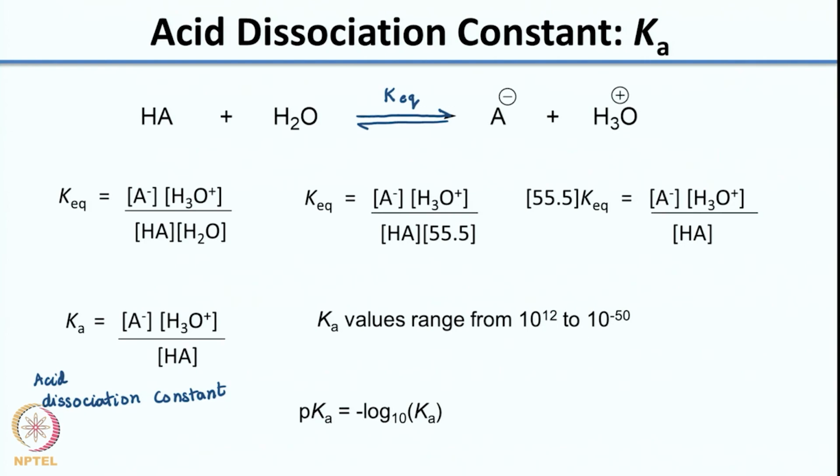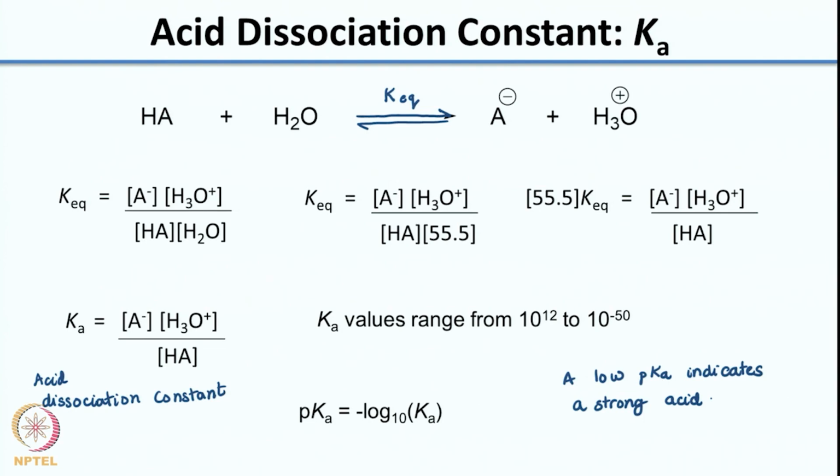So what does that tell you? If you were to compare two acids and one is much stronger than the other, what that indicates is that the pKa of that acid is much lower. So what you need to remember is a low pKa indicates a strong acid.